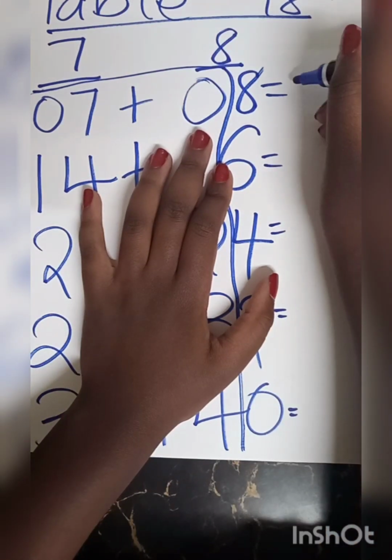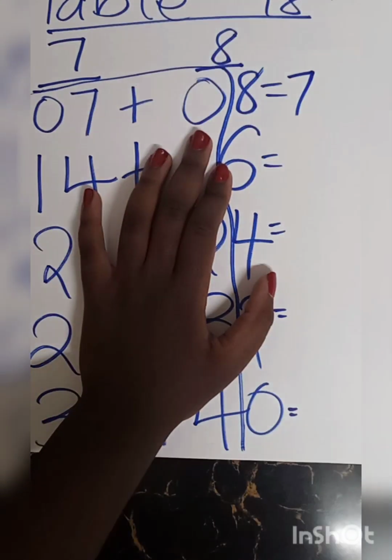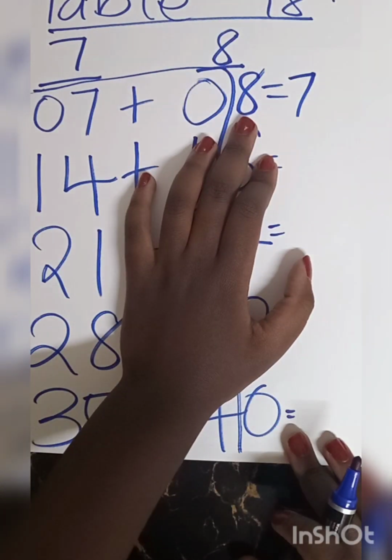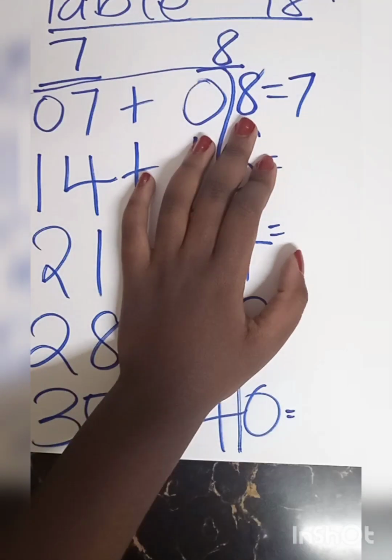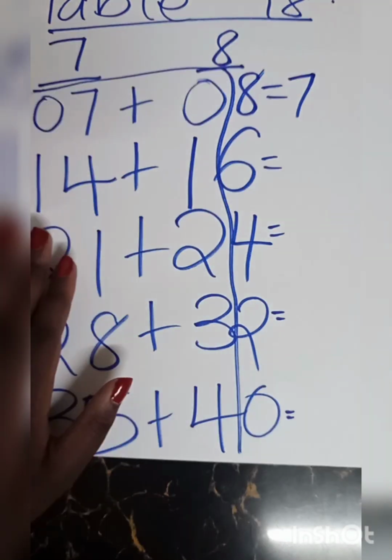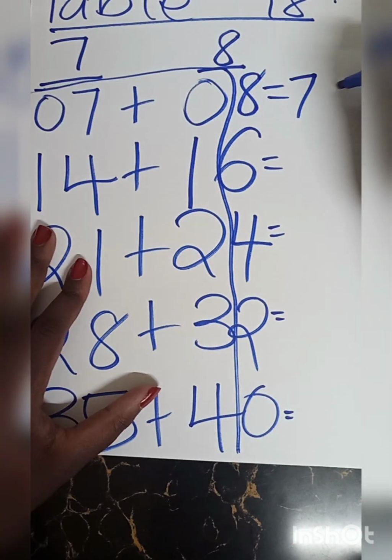Okay, so we'll write a 7 here. Are we together? And then we retain the digits in the ones place. Are you together? So we'll retain the digits in the ones place for the second multiplication table. So we'll retain this 8.